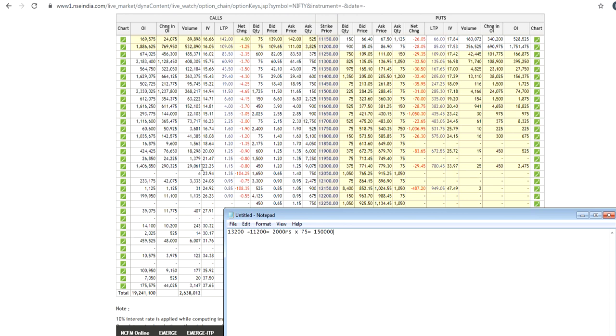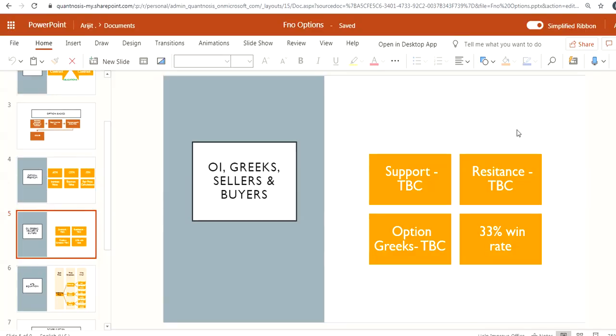Since price can go up an unlimited amount, option sellers can have unlimited loss and option buyers can have unlimited profit. So that's one reason the risk needs to be managed very efficiently if you are trying to sell options, so that you don't incur a big loss.